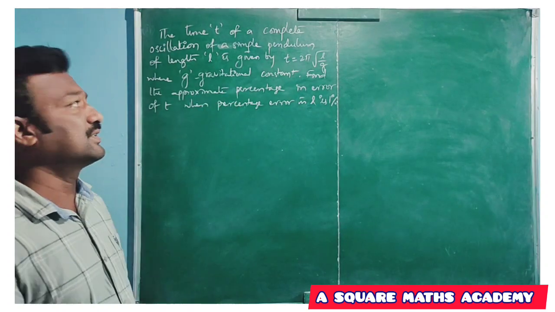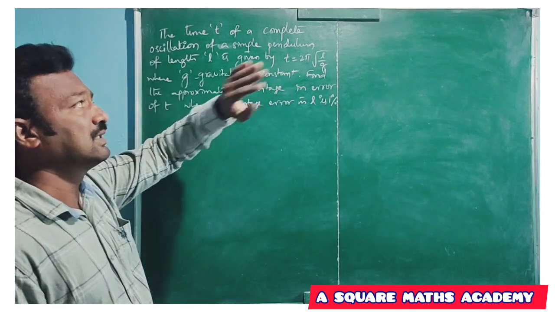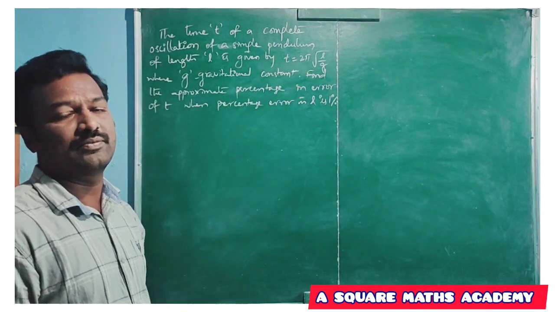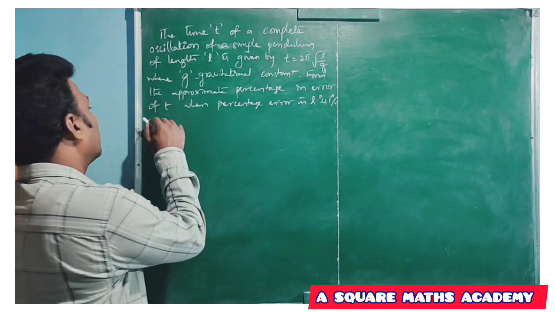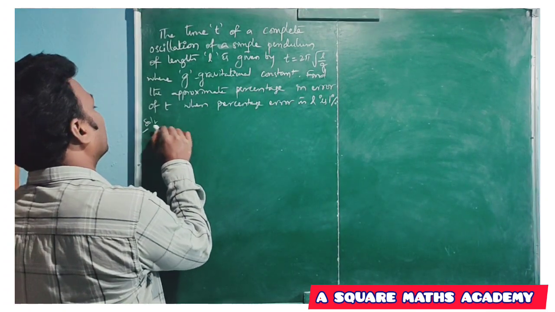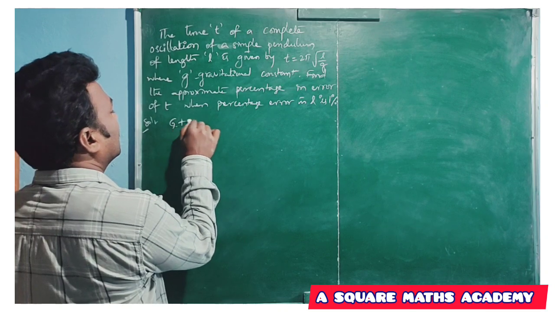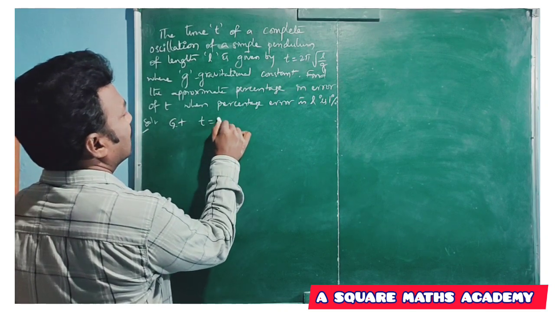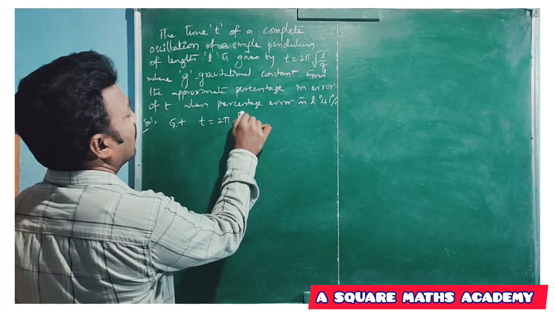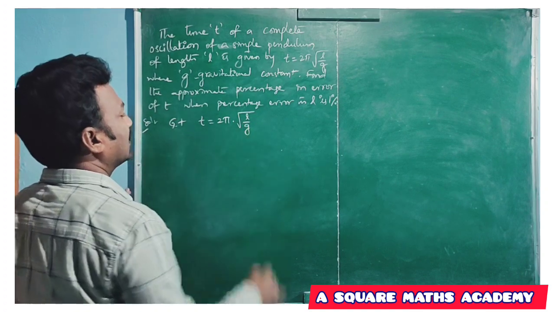Then g is given as a constant, and the t value is also given, that is 2 pi into under root of L by g. So first of all, we write the given values. Given that t equals 2 pi into under root of L by g. Clear?